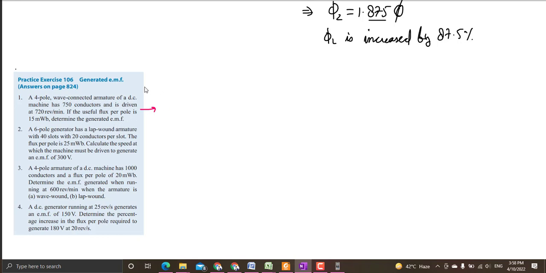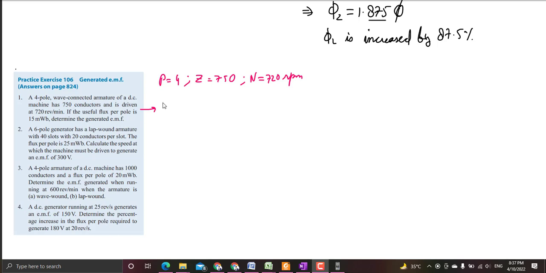So here we will write as usual, P is equal to 4 and number of conductors Z is equal to 750, and speed N is equal to 720 RPM.